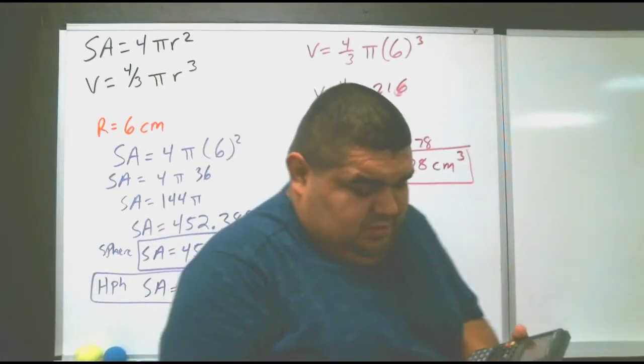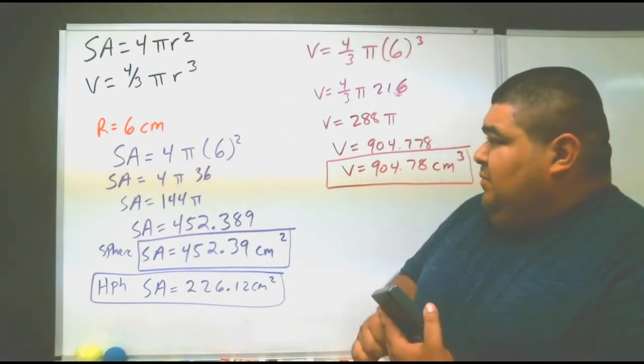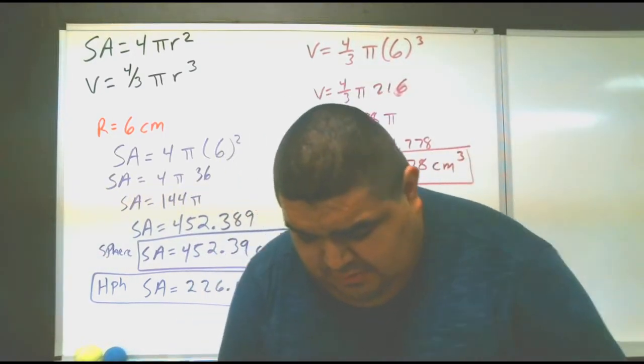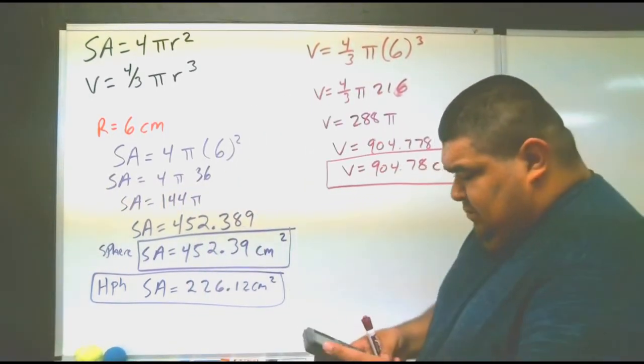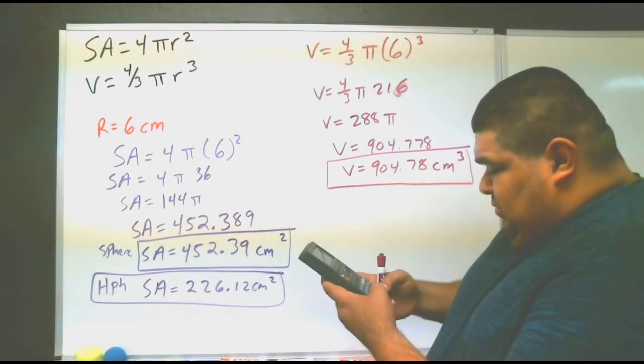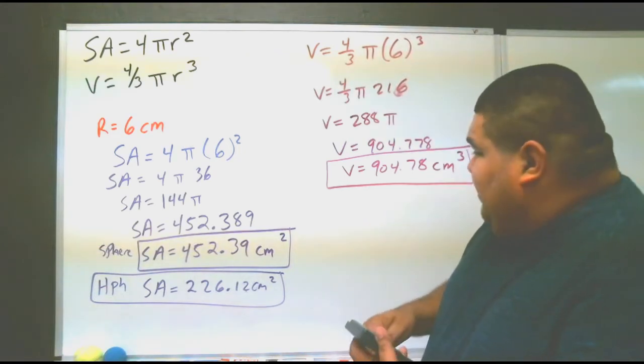Again, for the hemisphere, we cut the volume in half. 904.78 divided by 2 is 452.39.